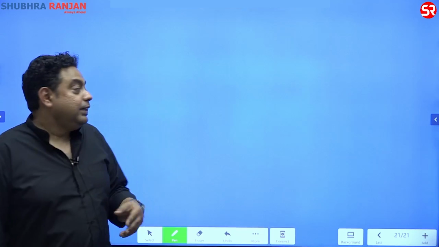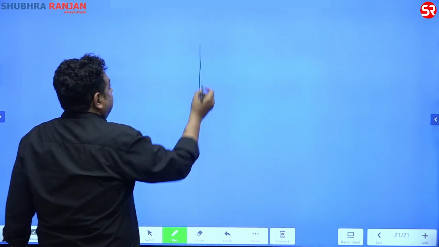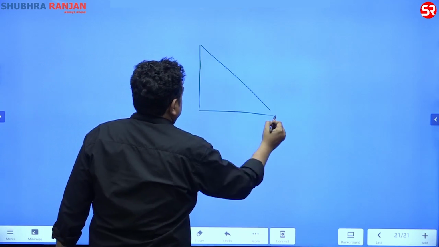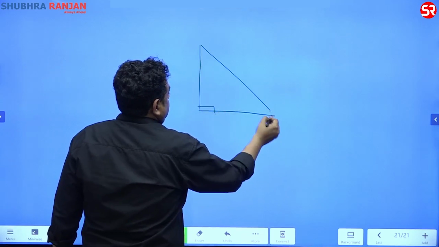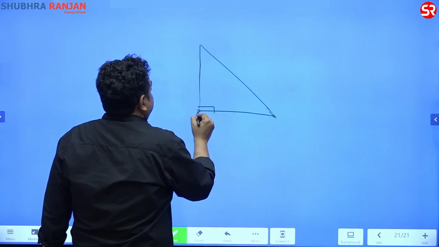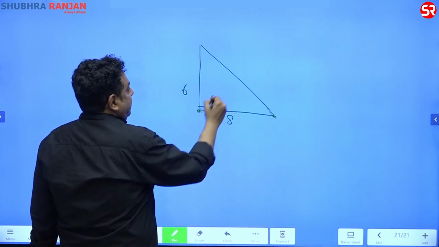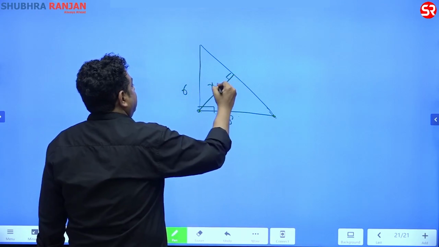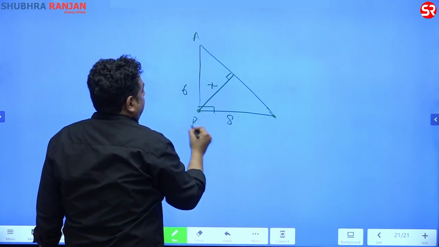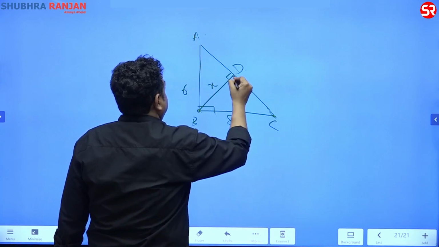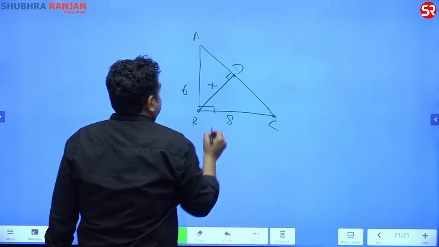See the question in UPSC. He gave you this triangle with sides 8, 6, a right angle triangle, and dropped a perpendicular like this. This is X, A, B, C, D, right? He says, what is the length BD?